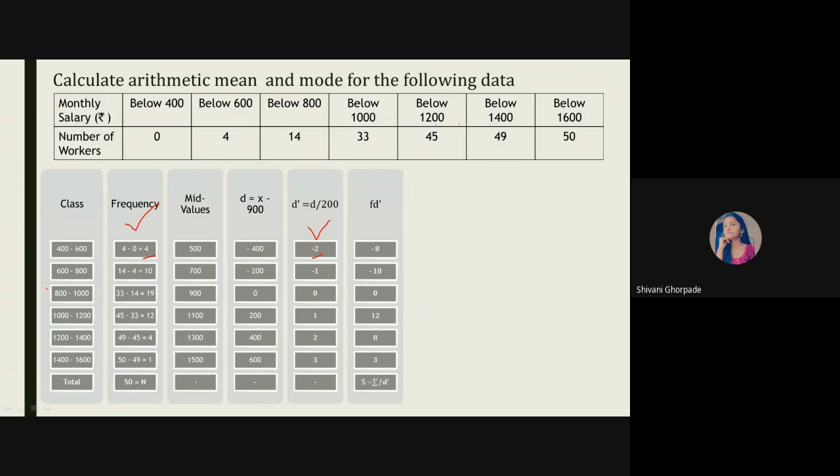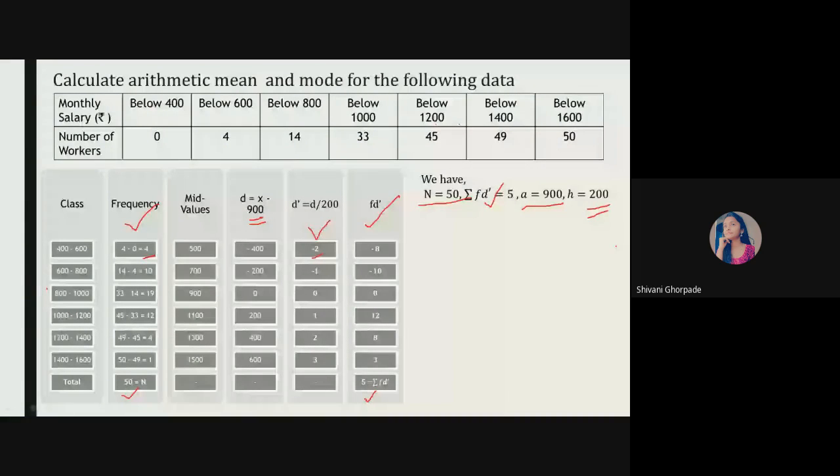Now we will use the formula for the calculation. So the formula is, n is equal to 50, this is the total. Summation of f d dash, it's 5. Assumed mean, we have assumed it is 900 here, right? So A is equal to 900, and h is the height of every class, so it's 200.